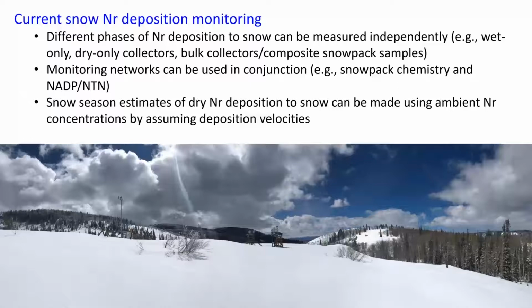These different monitoring networks can also be used in conjunction with each other. So for instance, this photograph highlights the Dry Lake NADP site, and we also have a snowpack chemistry site where this photograph was taken from. And so we can utilize both of those measurements, and by differencing the two, snowpack representing the total deposition and NADP representing the wet component only, we can infer maybe the importance of dry deposition, where we have these sites located in conjunction with each other.